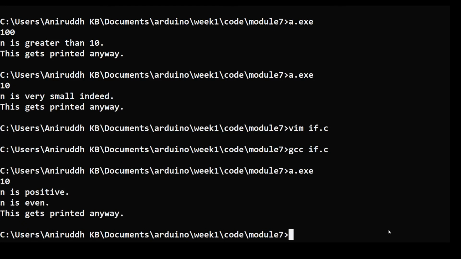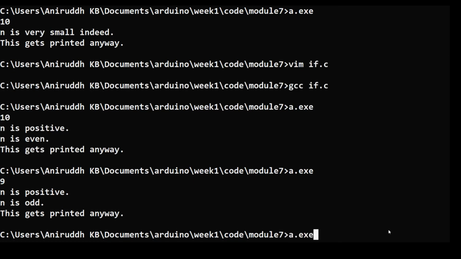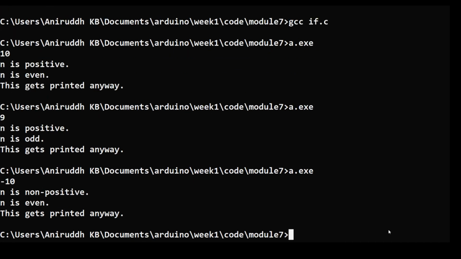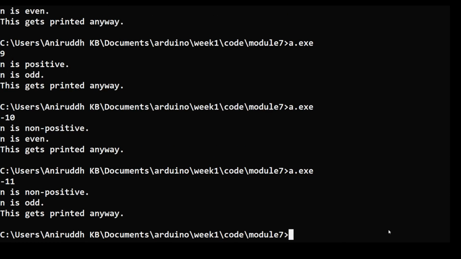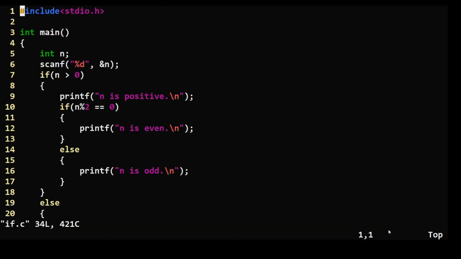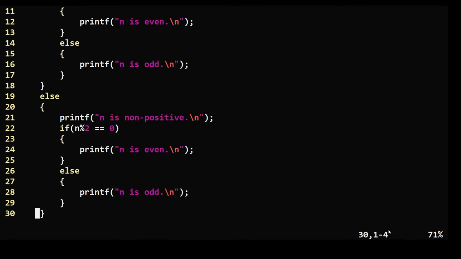So that program worked as I expected it to. So you can have an if else inside another if else combo, and there is no compulsion about the way you do it.